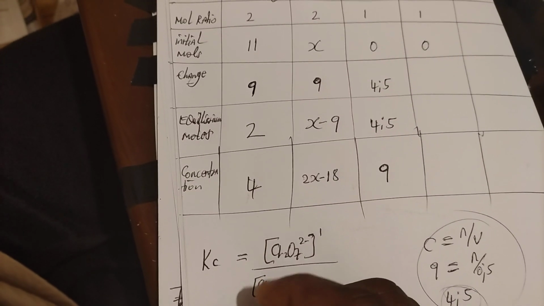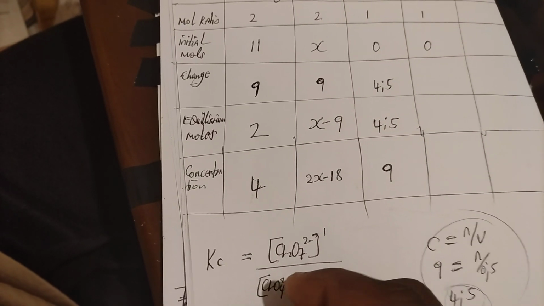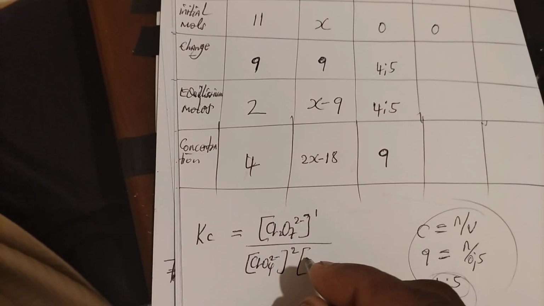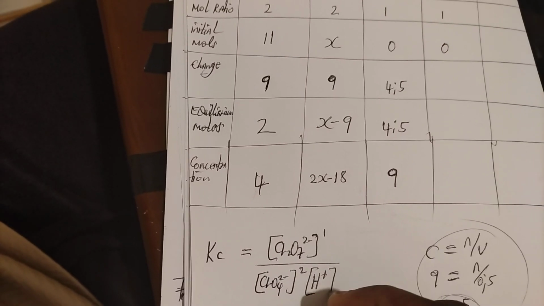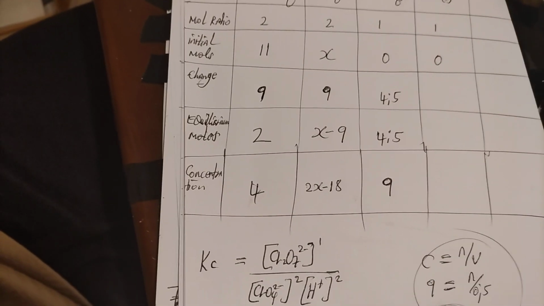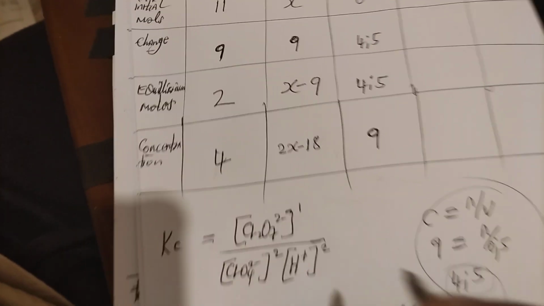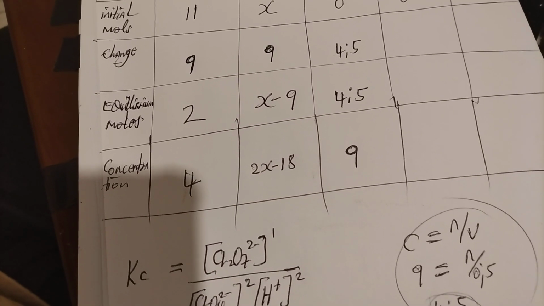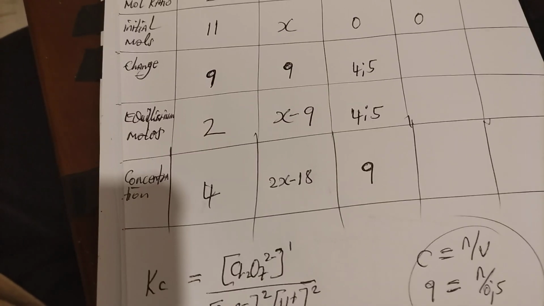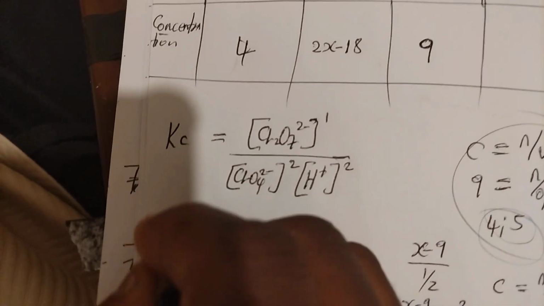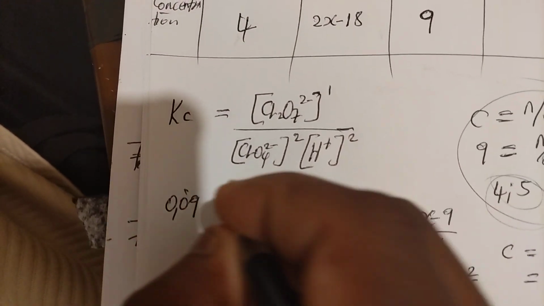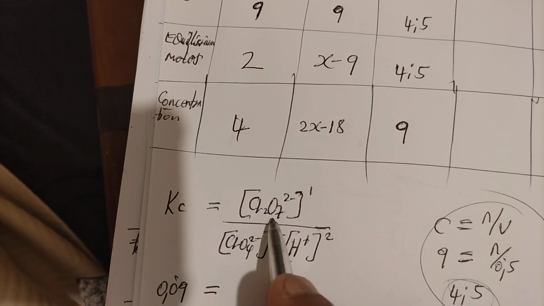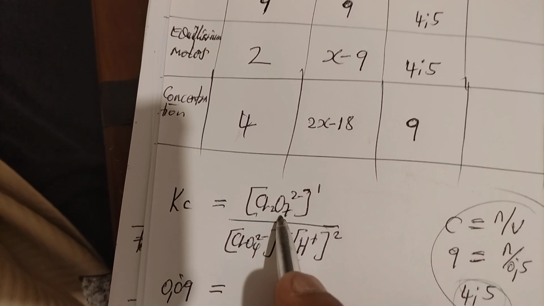In this case, it's CrO4 2 minus raised to 2, and then the other one is hydrogen ion raised to 2 as well. Then it's a matter of substitution. The equilibrium constant is given, so you substitute that one, 0.09, and then from there we substitute the rest of the numbers, which of course in this case are concentrations.